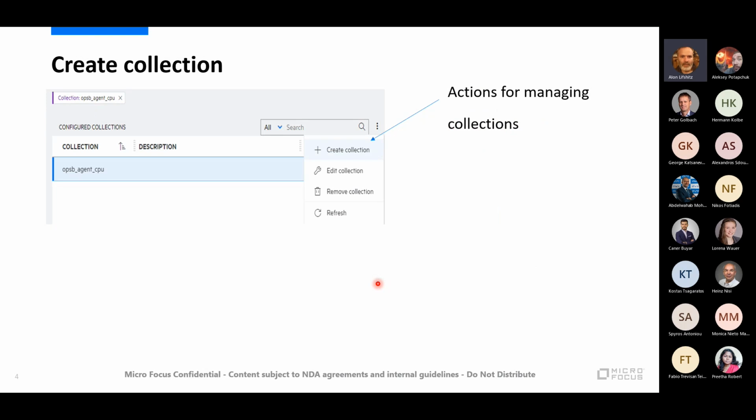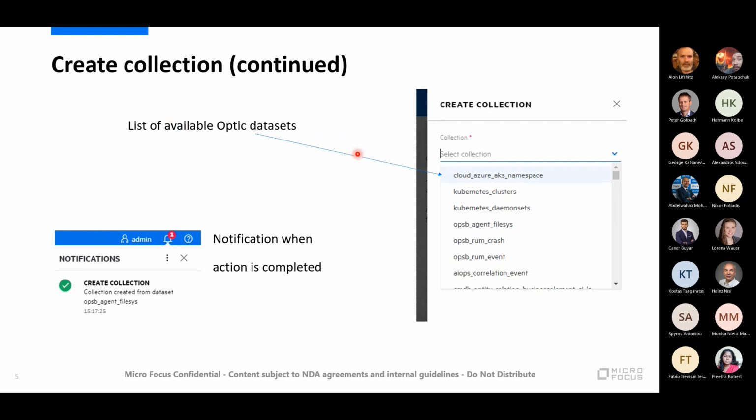So how do we create a collection? We click here on the three dots. It's very confusing. You will see, I think, three of them on the screen. The one near the search, you have the three dots and you need to click it. And then you have this menu. You can create a collection, edit, remove, or refresh a collection.